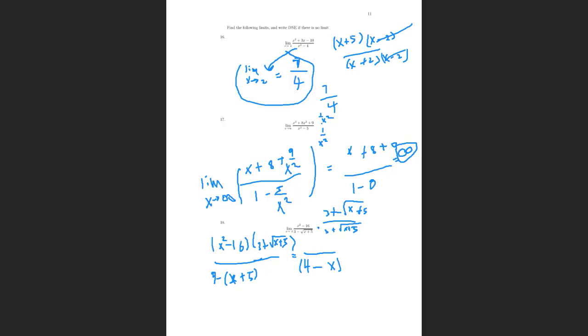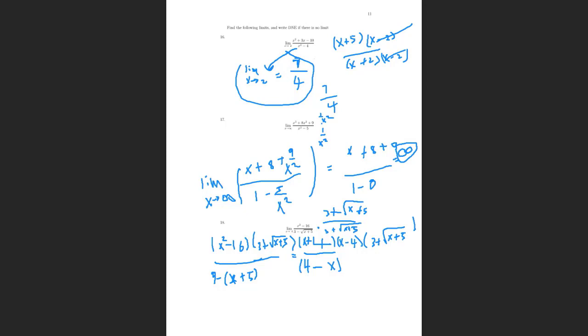But let's first factor that x squared minus 16. So we're just going to have x plus 4, x minus 4, times the conjugate, which was 3 plus square root of x plus 5.